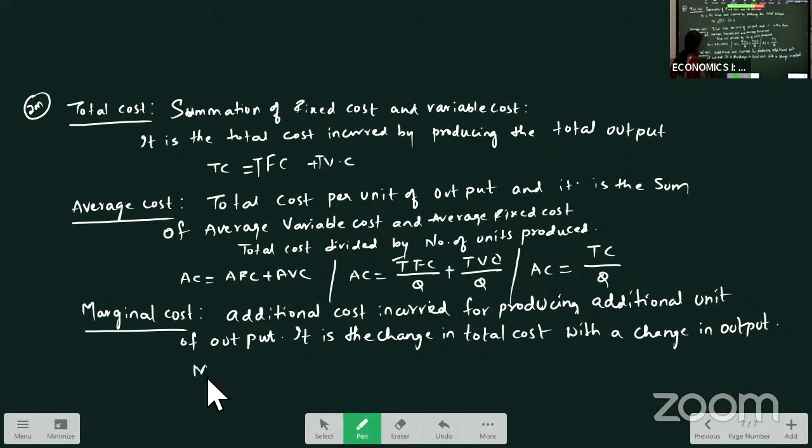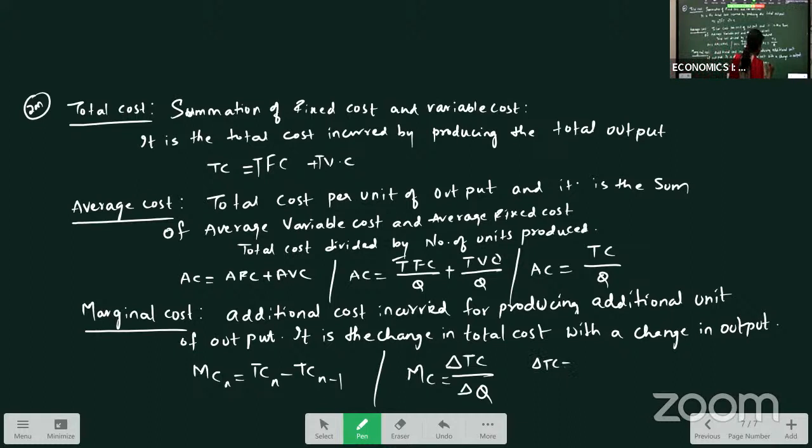So how will we write? MCn is equal to TCn minus TCn-1, or MC is equal to delta TC by delta Q. Delta means what? Change. Okay. So here delta TC is the change in total cost and delta Q is change in quantity. So this way we have average cost and marginal cost.